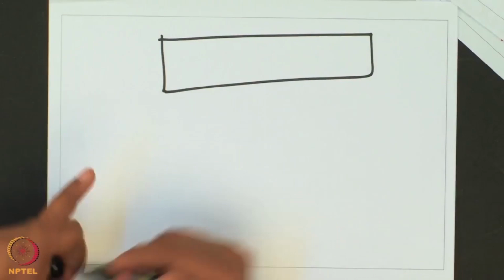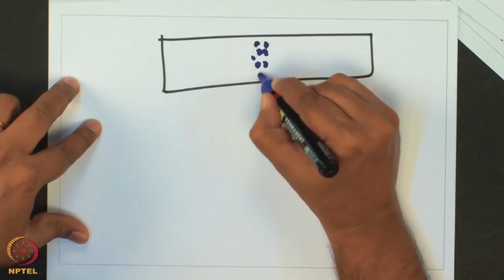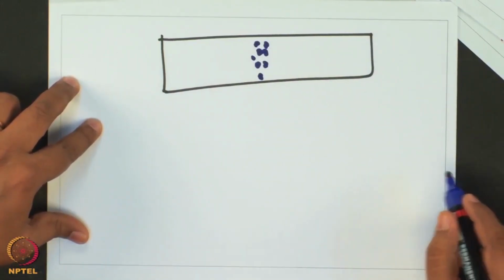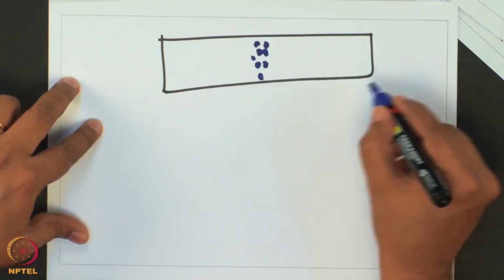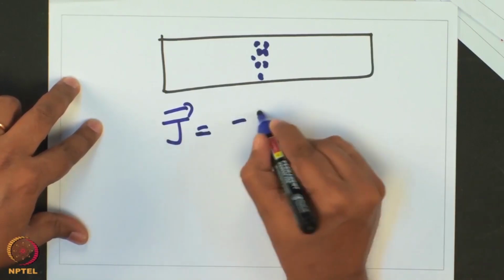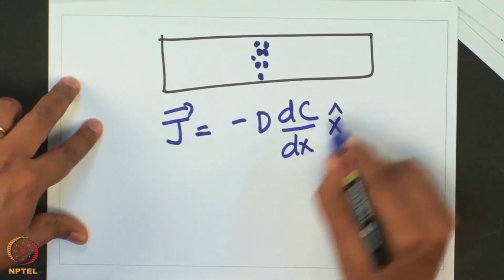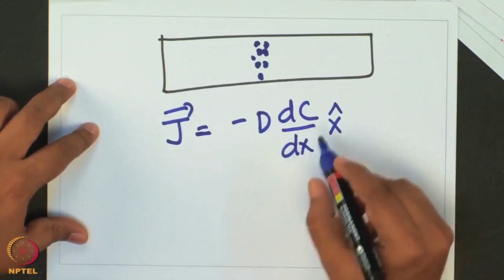Now, what do we know? We know that the flow, the current, is something that we have already computed. If there is a concentration gradient, if there is high concentration at one place and very low concentration at other locations, we know that there will be a current J, and this current is given by minus D dC by dx x cap in one dimension.